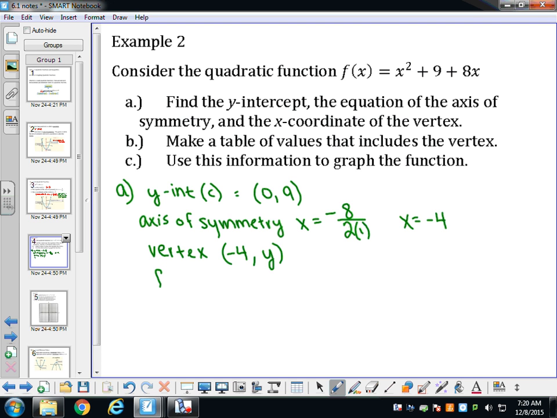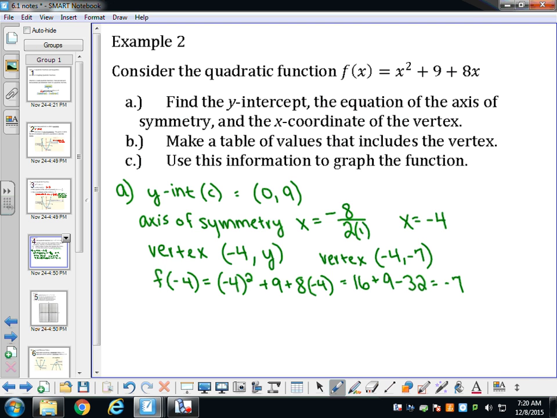I take this negative 4 and I plug it in to my original equation. So that gives me 16 plus 9 minus 32. So I get negative 7. So now I know that the vertex is at the point negative 4, negative 7.